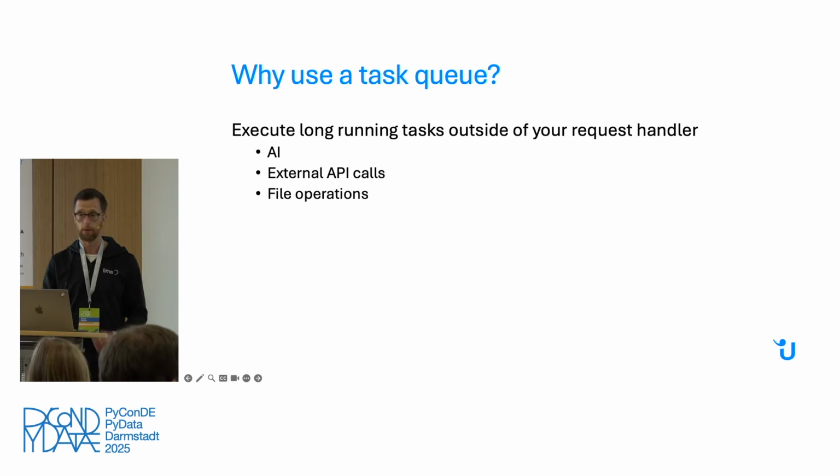File operations are also a prime candidate for offloading to a task queue. Could be creating thumbnails, copying files around, and so on. Sending email could also be considered an external API, but it's usually fast, but sometimes mail servers can be unpredictable and be slow.